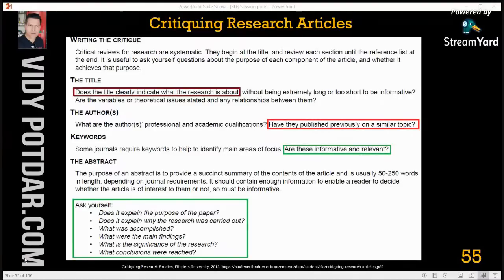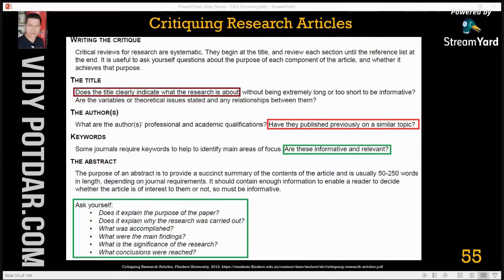For example, does the title clearly indicate what the research is about? If not, you have the option to recommend changes or criticize it. Then looking at the keywords, are they informative, and are they relevant?